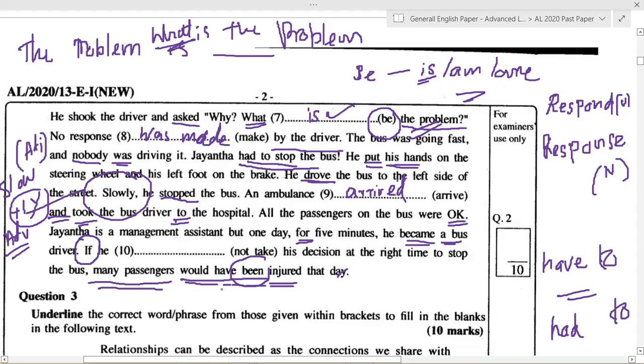If he had not taken his decision at the right time, or if he did not take his decision at the right time to stop the bus, many passengers would have been injured. Could have been, would have been.